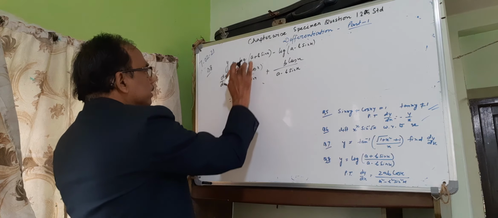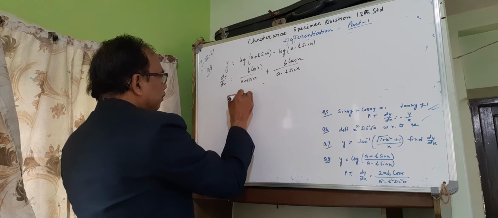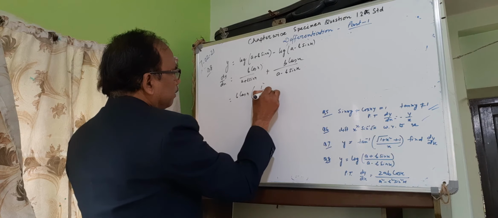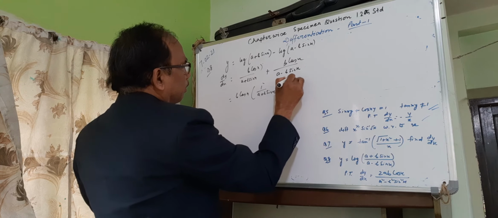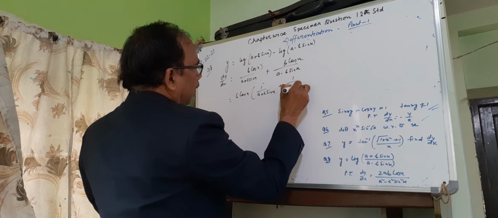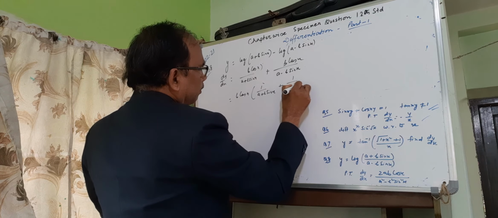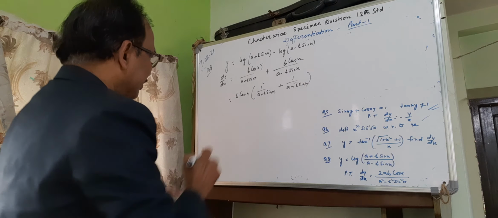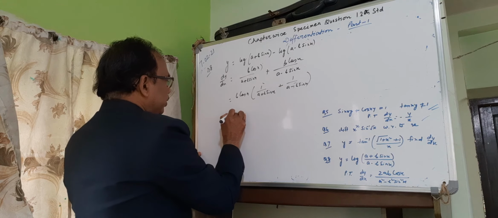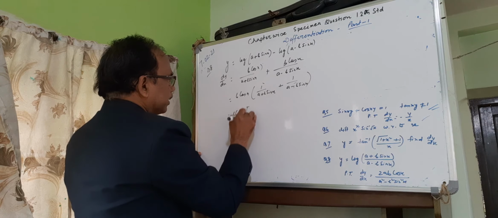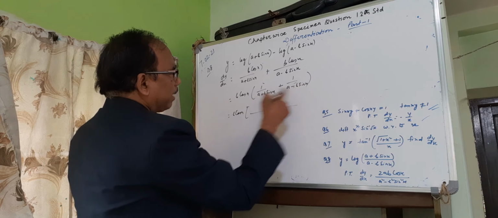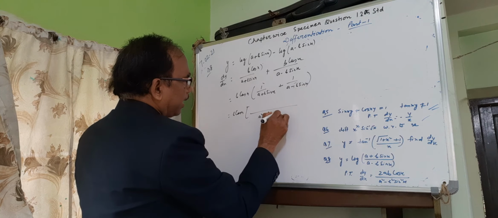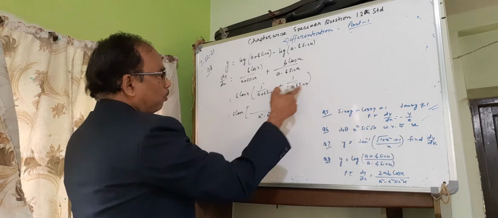So here b cos x is common. 1 by a plus b sin x plus 1 by a minus b sin x. Now taking LCM for the addition, b cos x times the LCM, which is a square minus b square sin square x, by the a plus b, a minus b formula.